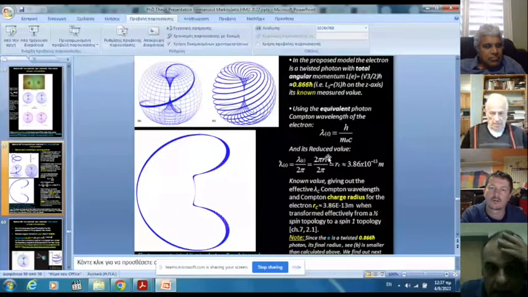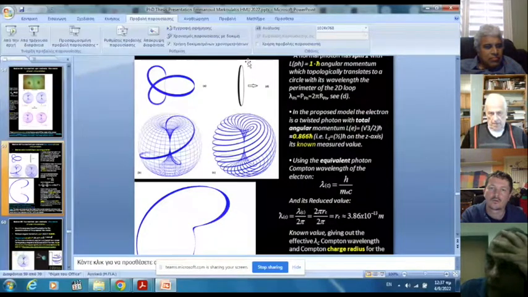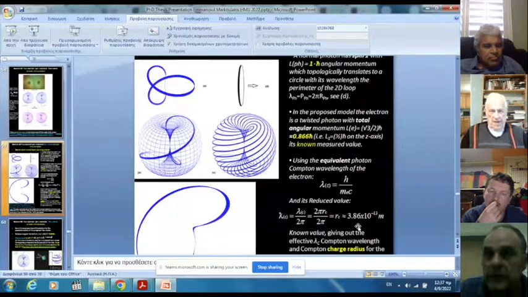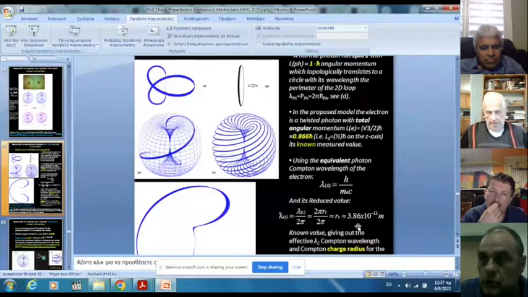So the perimeter of the loop is the Compton wavelength, which is 2.42 times 10 to the power of minus 12 meters, and the reduced Compton wavelength is the radius, which is 3.86 times 10 to the minus 13 meters, because the radius is not 2 pi r, it's just r now.